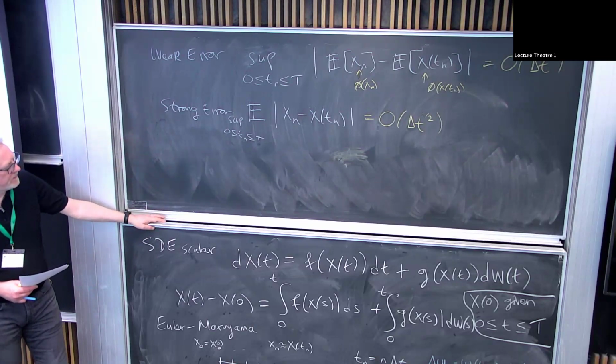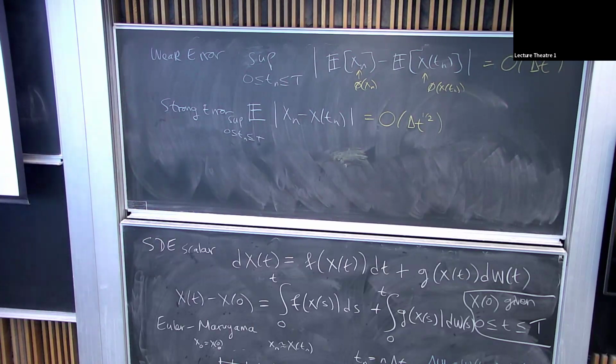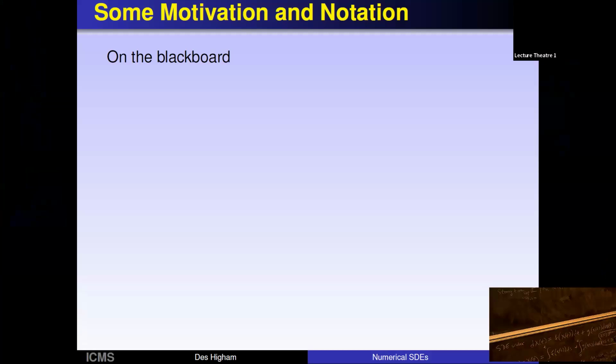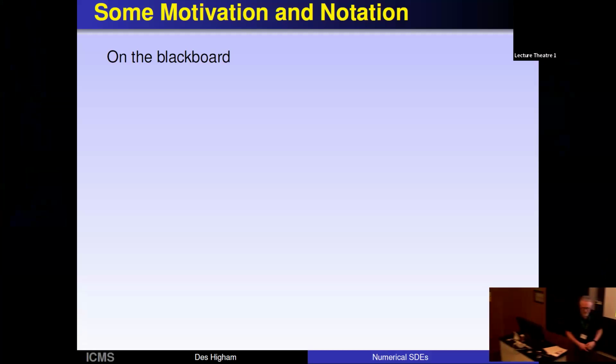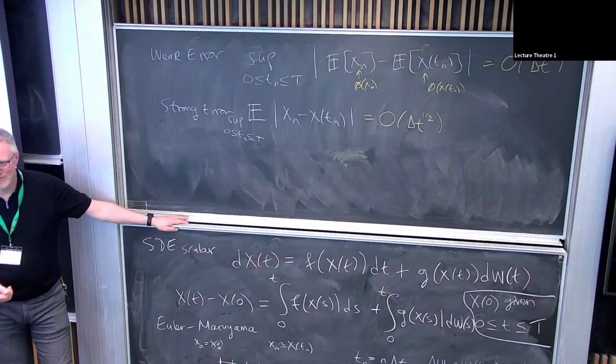You might ask which of these is more important, weak error or strong error. No one seems to be able to give me a definitive answer when I ask them. It's certainly true that most things you do in life will require weak quantities. Anything you compute involving probabilities, means, variances, confidence intervals, those kinds of computations are weak.